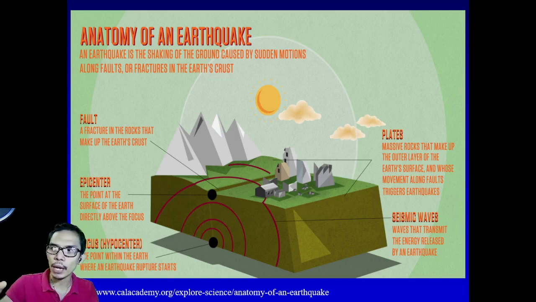Next one is the plates. There will be no earthquakes without the movement of the plates. The movement of the plates triggers this natural phenomenon called an earthquake. As you recall, plates are giant chunks of lithosphere, divided into several large and small plates, which you encountered in our last video.